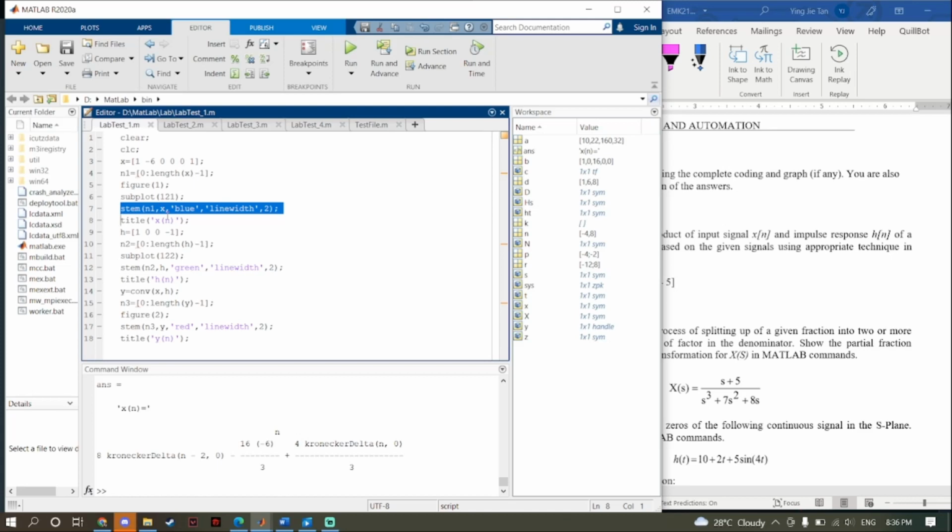The next thing is this color. Blue, green, red is the color of my graph, and the line width I put 2 so that it shows a thicker line, so you can see the result more clearly. Then the title is for you to label your graph, and the next one is the equation for your convolution.